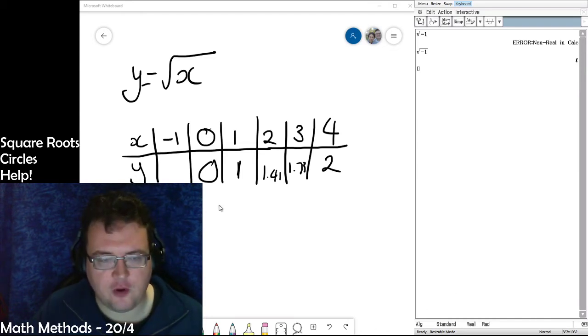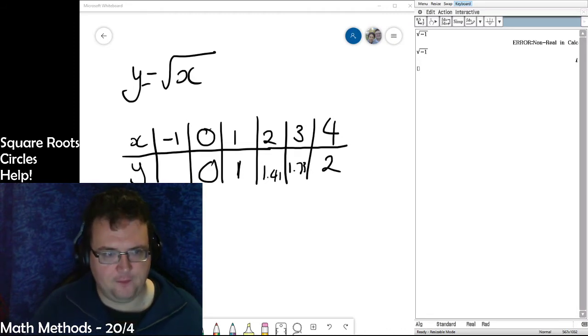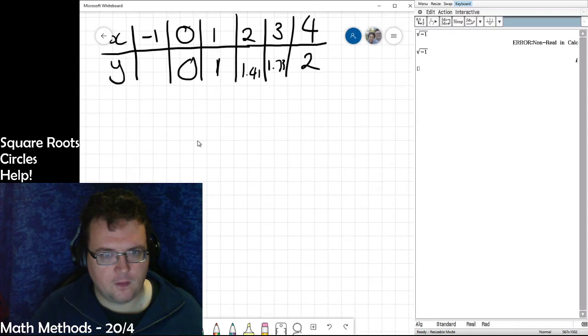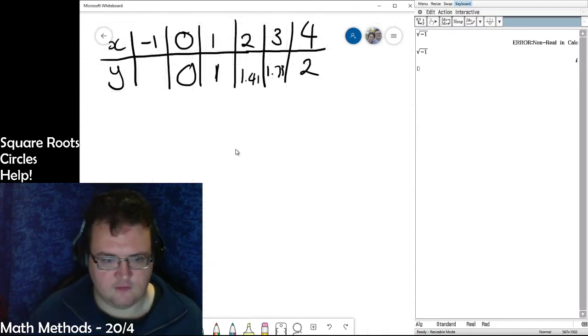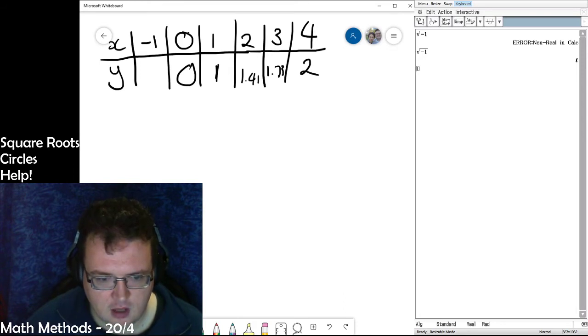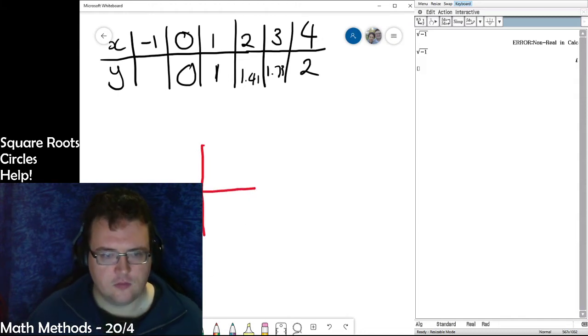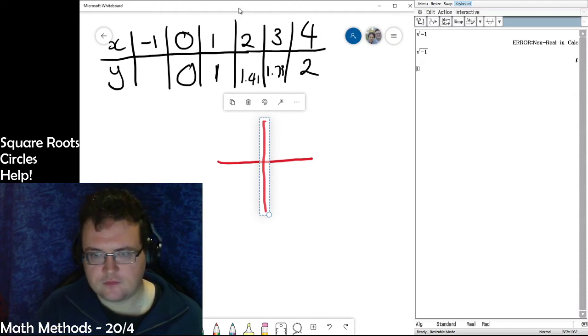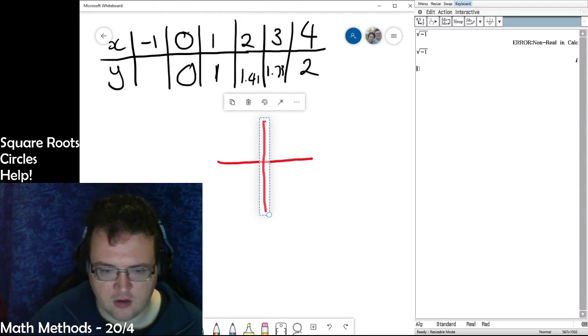So, if we were to try and graph this, what would it look like? Now, obviously, I'm not going to have beautiful penmanship on this. And I try and roughly plot what these points might look like.